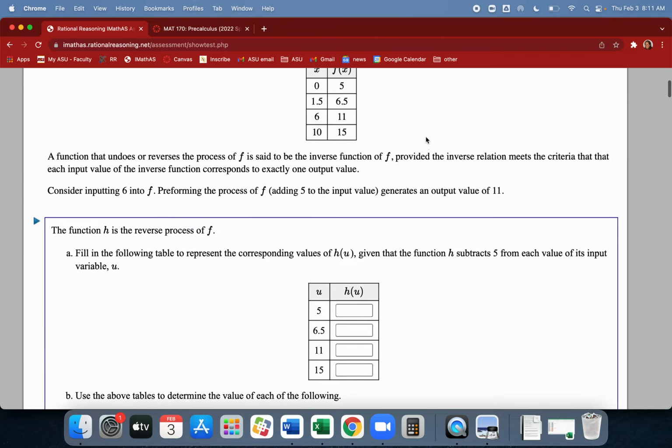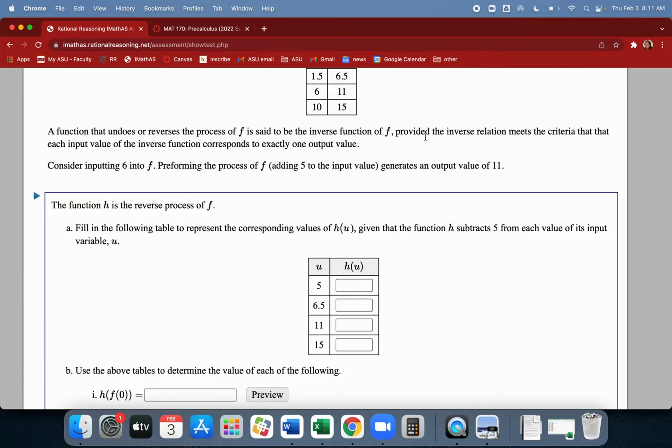So a function that undoes or reverses the process of f is said to be the inverse function of f, and the notation for that is a little exponent -1 on a function name. It does not mean a -1 power reciprocal, but that's where it comes from, because the reciprocal is the inverse operation to a multiplication. Like multiplying by 3/4 and multiplying by the reciprocal 4/3. Those are inverse operations.